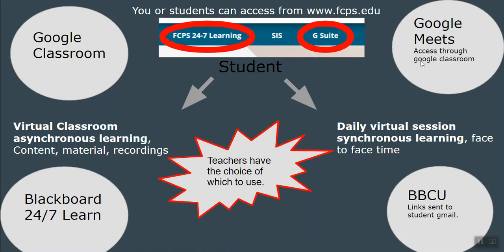Google Meet, you can access through the Google Classroom. Okay, and again, all of these you can access through the Beechtree Distance Learning resource page, or you could click on the blue bar on any of the websites: 24/7 for Blackboard or G Suite for Google.